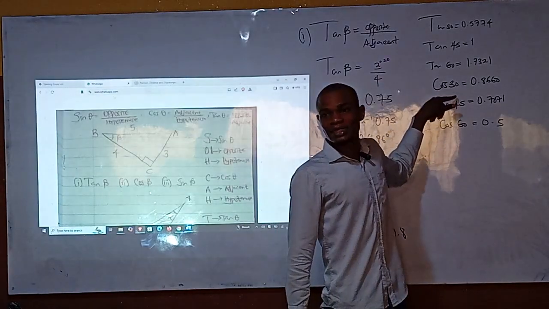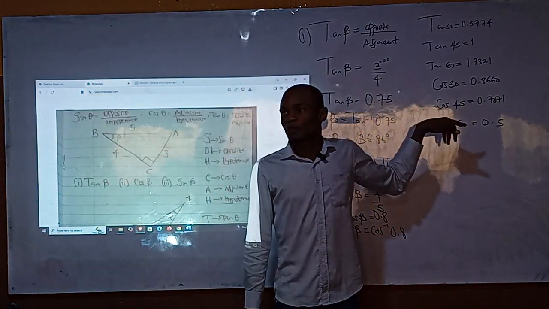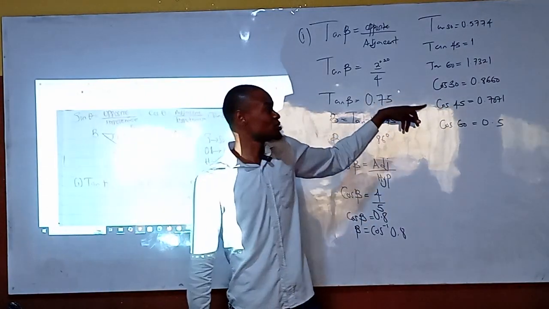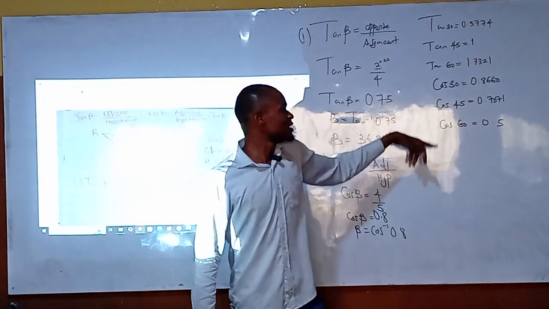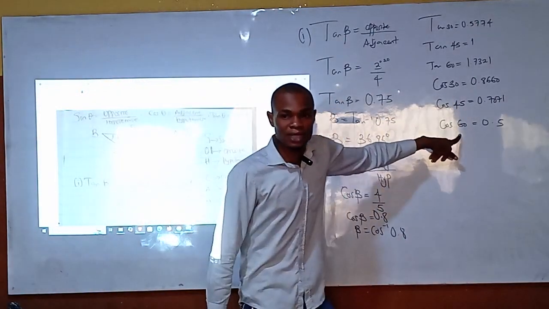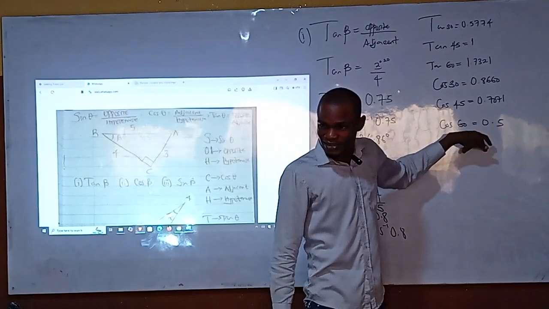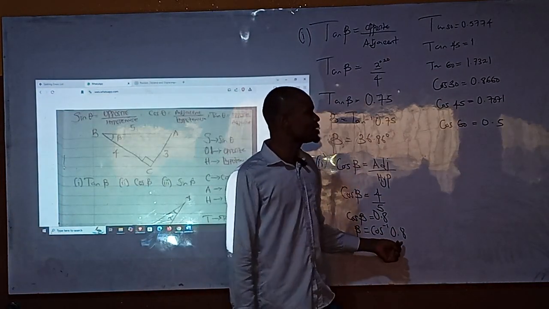As the angle is increasing, the cos value is decreasing, isn't it?